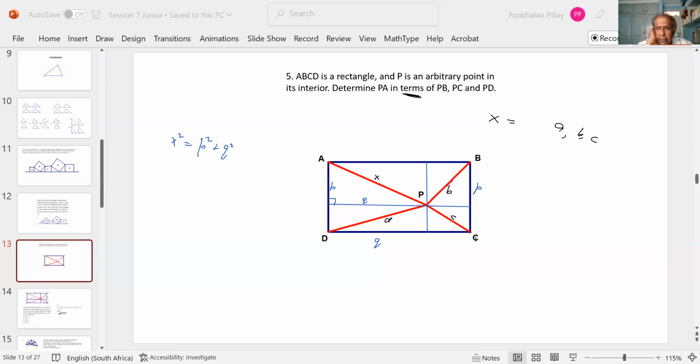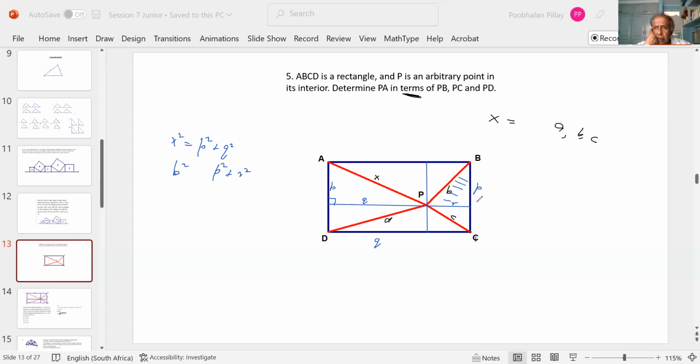Okay. So now let's look at this rectangle here. We've got two sides. Let's call this R. So now from this rectangle, you've got B squared equals P squared plus R squared.